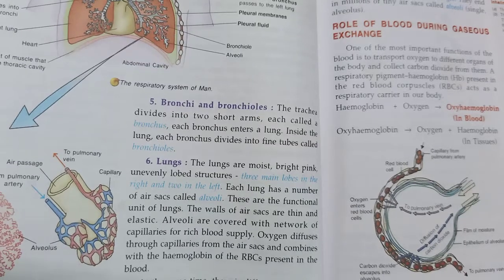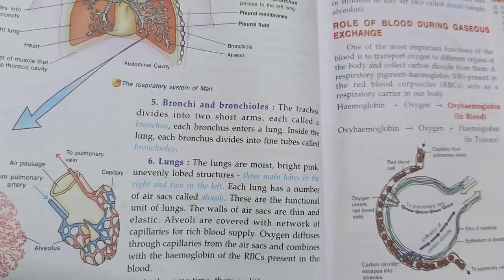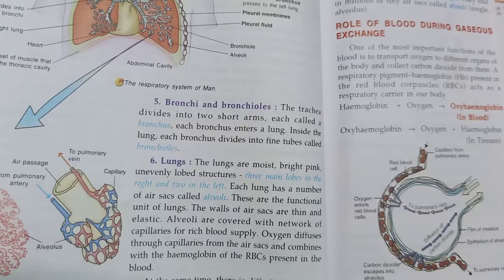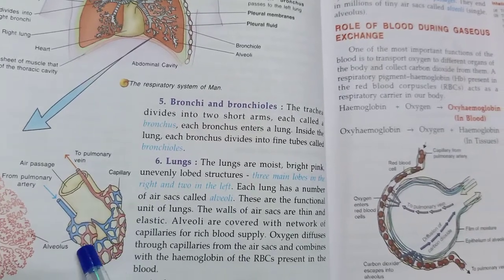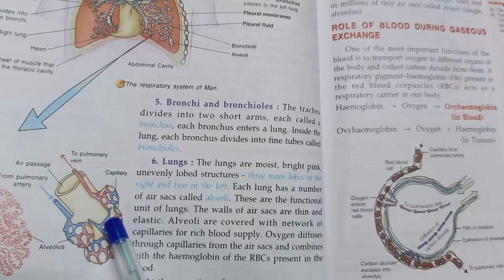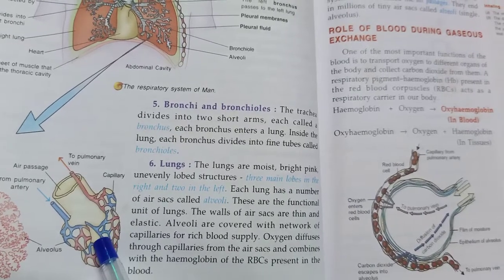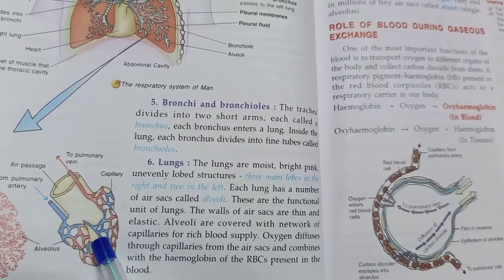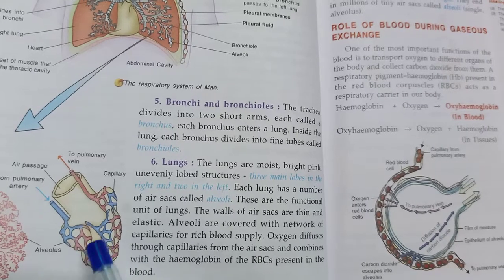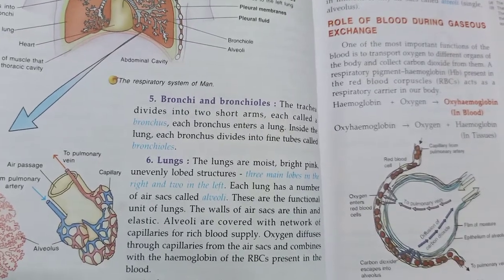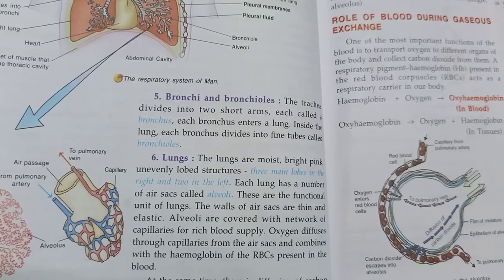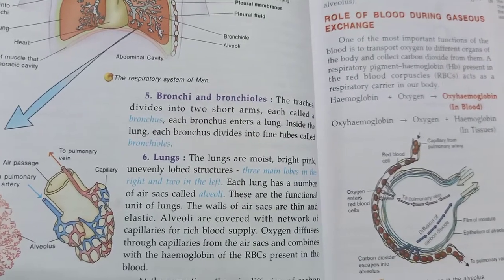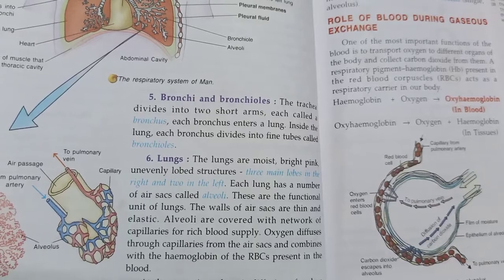Alveoli are covered with a network of capillaries for rich blood supply, as I have shown you in the diagram. Oxygen diffuses through the capillaries from the air sacs and combines with the hemoglobin of the RBCs present in the blood.